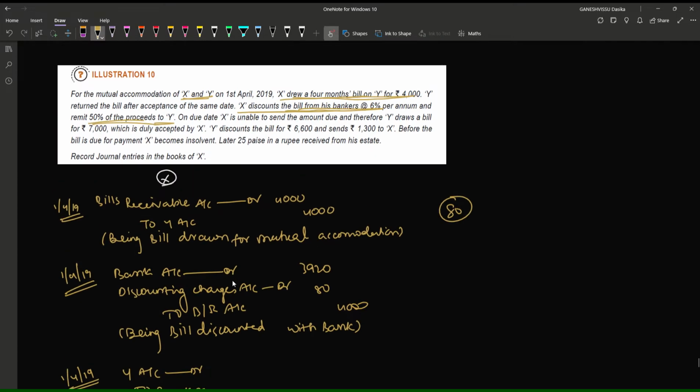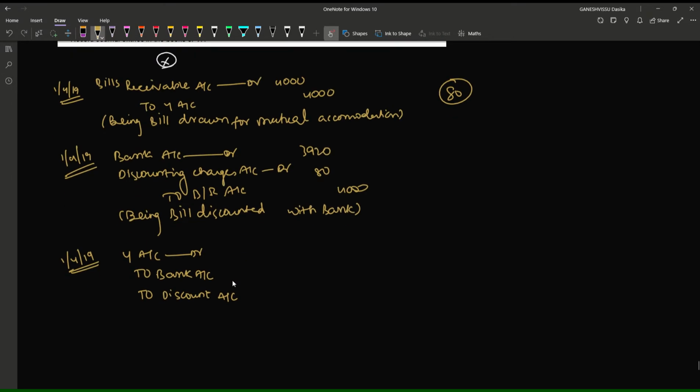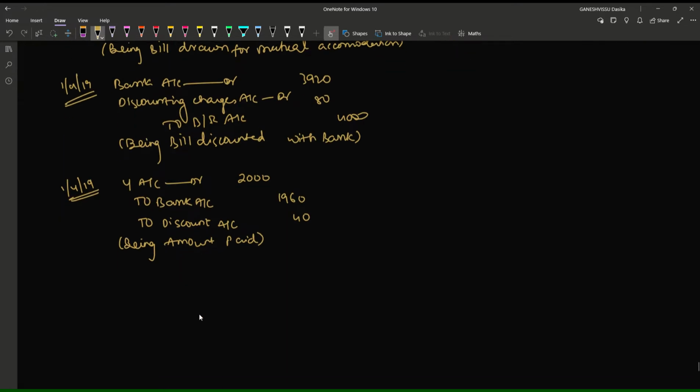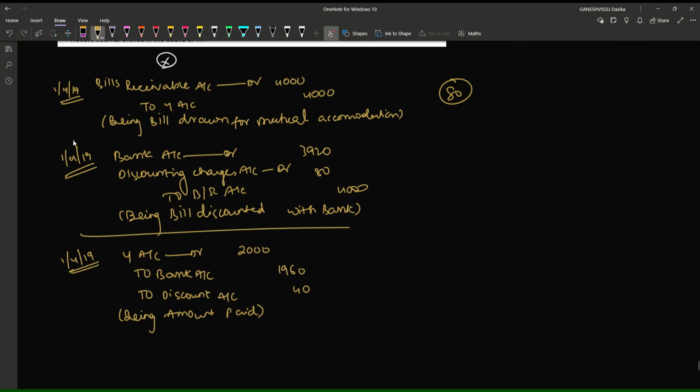Because in mutual accommodation, discounting charges charged by the bank should be borne by both the parties. So 50% of 3920 is 1960 rupees, and 40 rupees is the discounting charges. Being amount paid, we can write as narration.